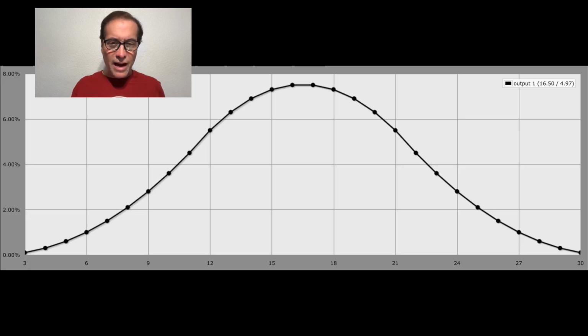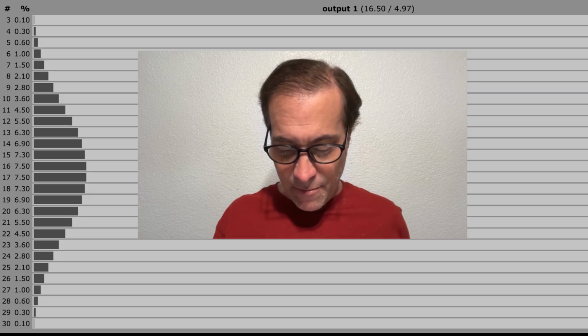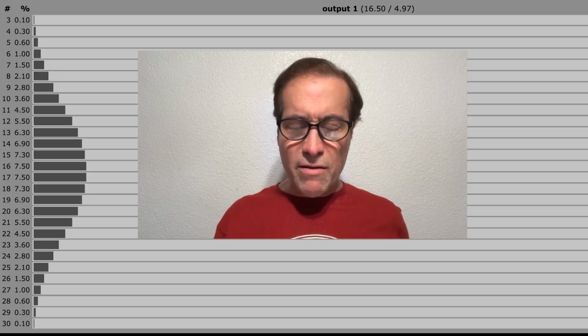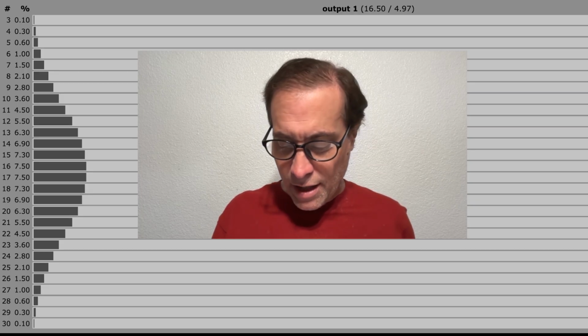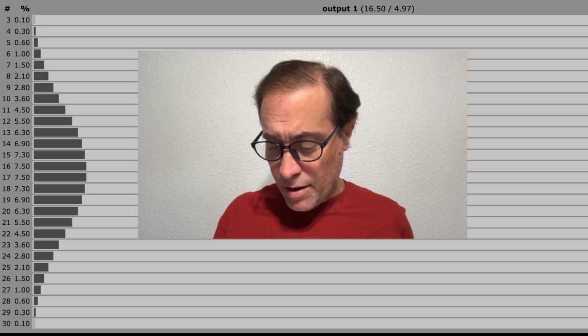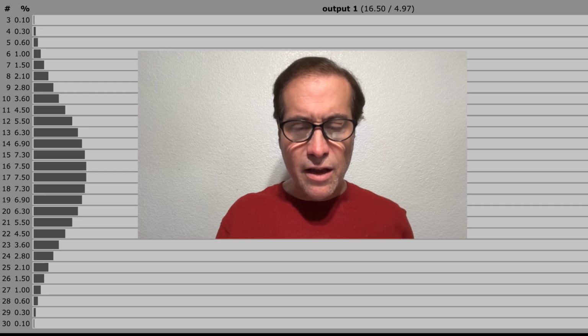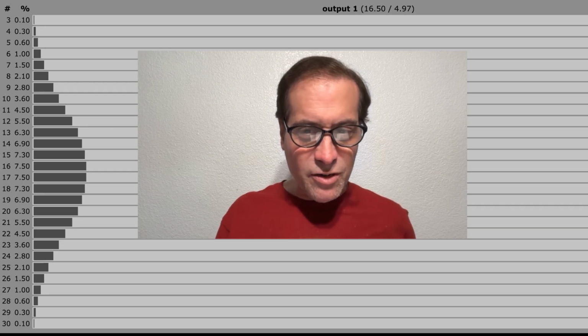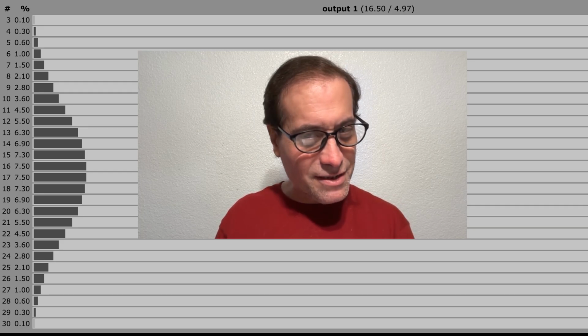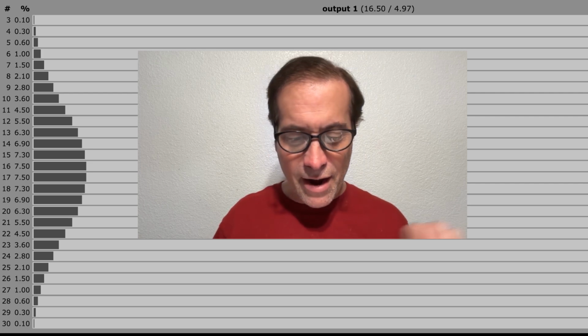Remember, it's 3 dice now, so the number of combinations is 1,000, 10 times 10 times 10. There's only one way you can get a 3, which is 3 ones, and only one way that you can get a 30, which is 3 tens. So your chances for each one of those is 1 in 1,000. All right?